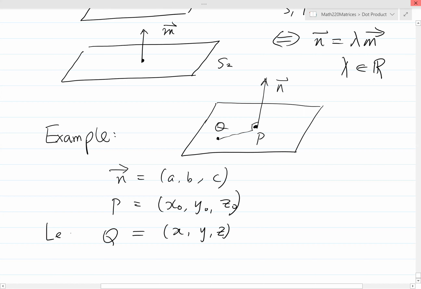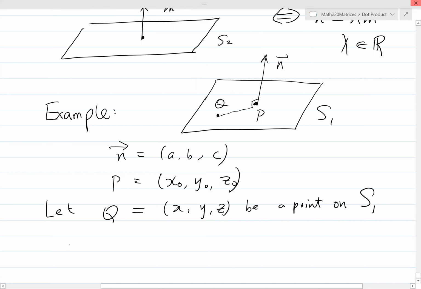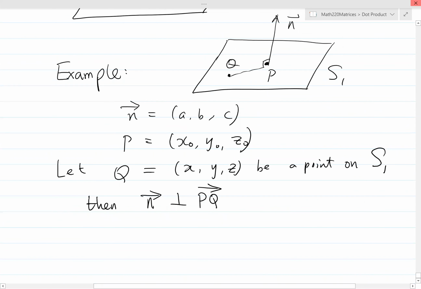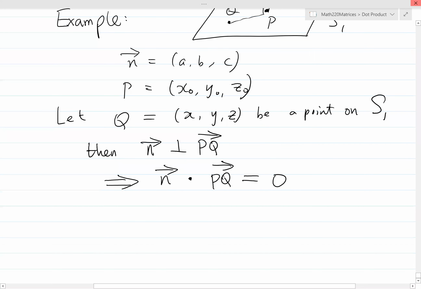Let Q be a point on the plane S1. Then we have PQ, and the normal vector is perpendicular to the vector PQ. This means the dot product is 0. The dot product is convenient to determine perpendicularity.